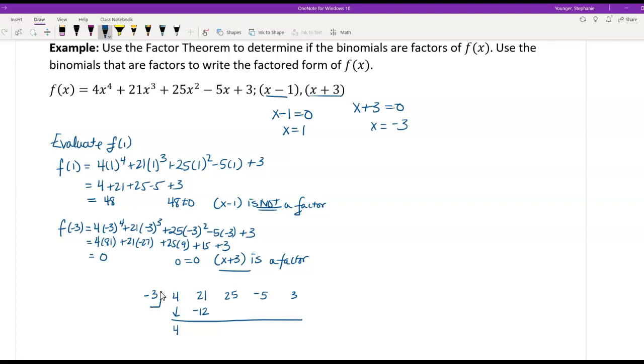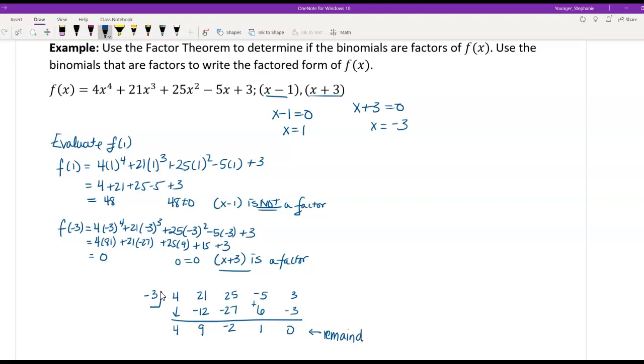21 plus negative 12 is 9. Negative 3 times 9 is negative 27. So 25 plus negative 27 is negative 2. Negative 3 times negative 2 is positive 6. So negative 5 plus 6 is 1. Negative 3 times 1 is negative 3. So we have that 0 of a remainder.